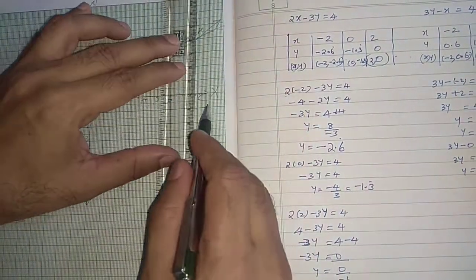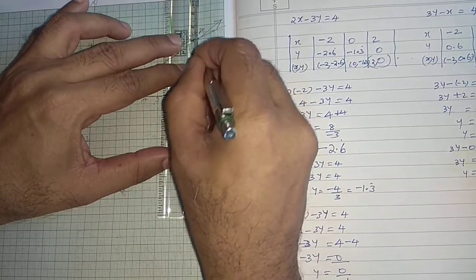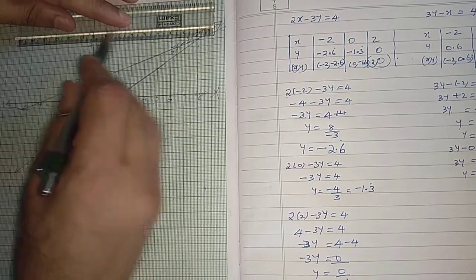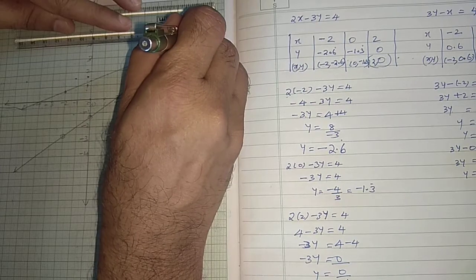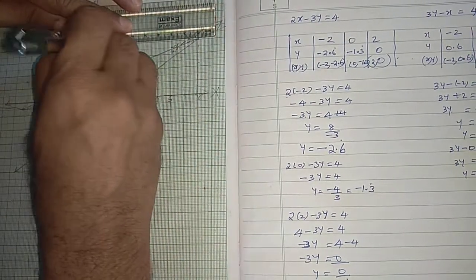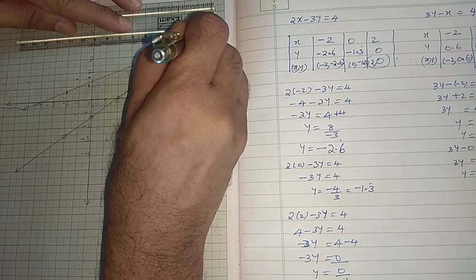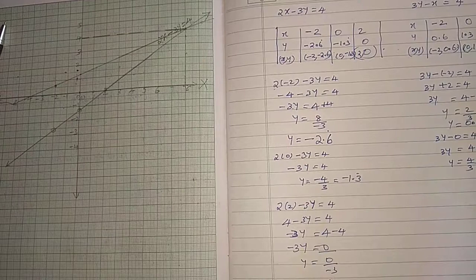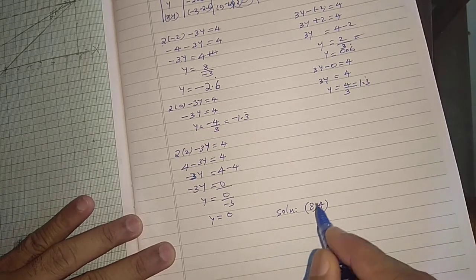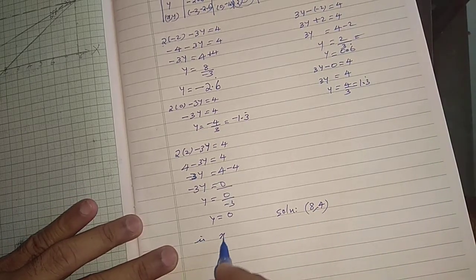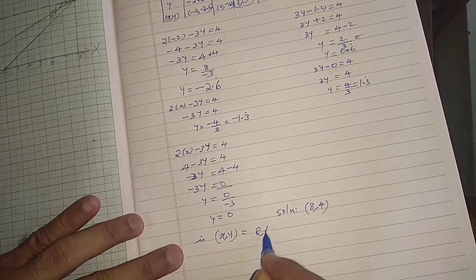It is at x 8. To get y value, the line is coming at 4. So here the solution: x comma y is 8, 4.